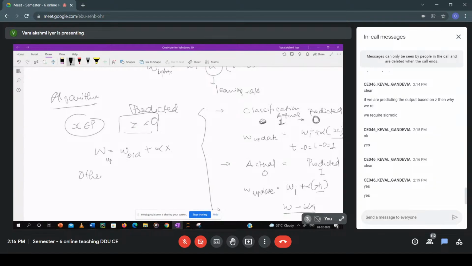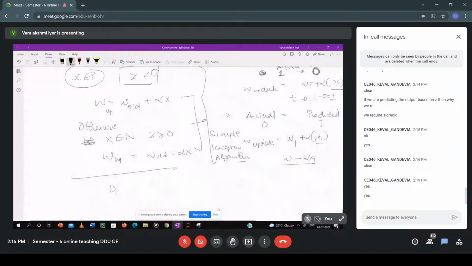Otherwise, if your x was in the negative plane but your z value is greater than or equal to 0, then the updated value equals W old minus alpha x. This is the simple perceptron algorithm. One of the major drawbacks of this algorithm is that it is not going to perform any update to the parameter values whenever your classification is correct.